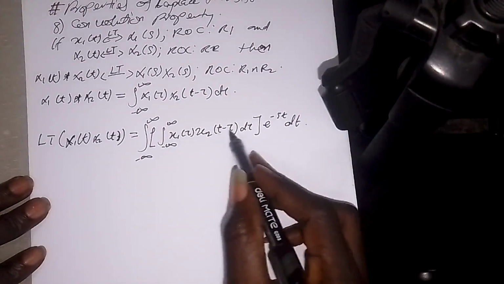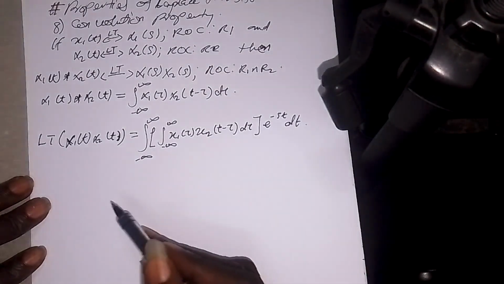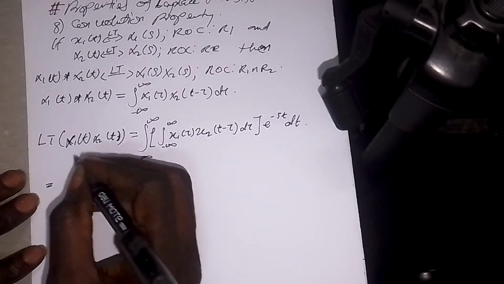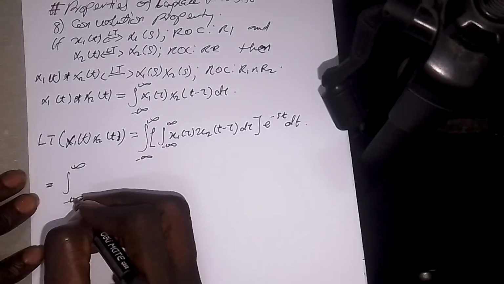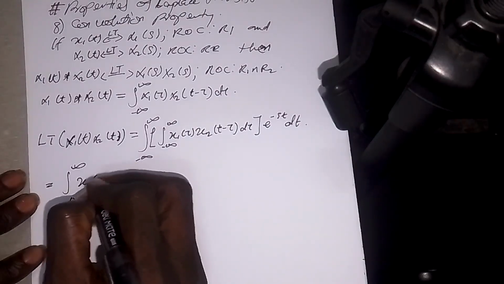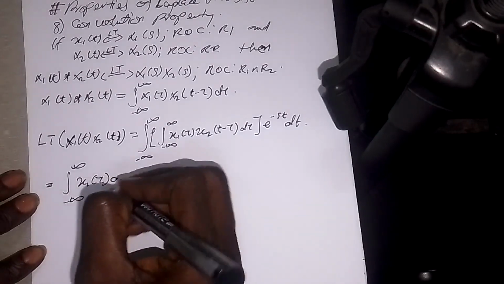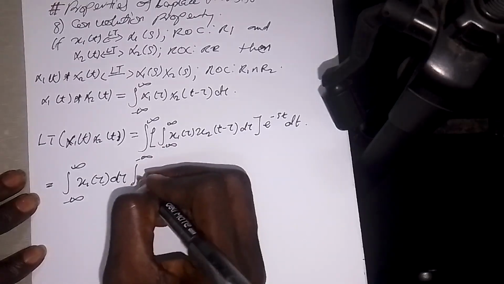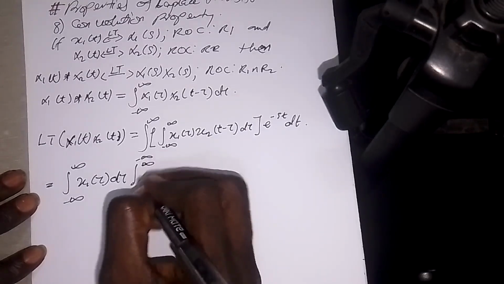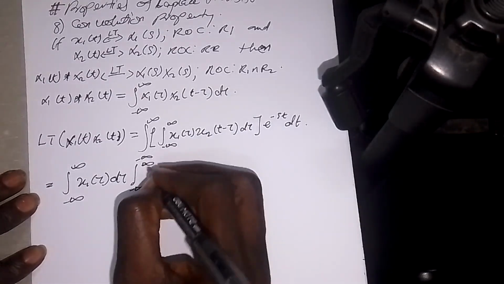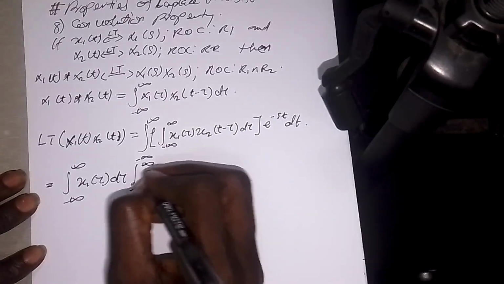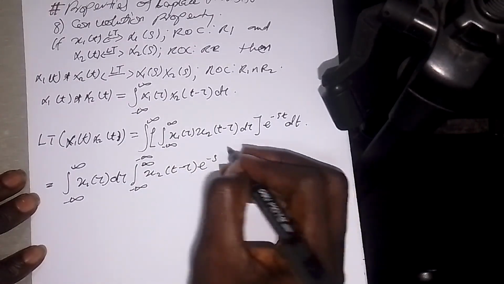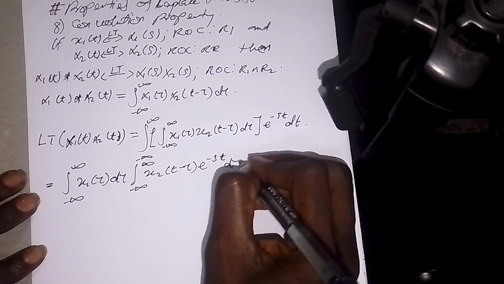Let me deal with this particular place first. Now I can say that I can have the integral from minus infinity to infinity of x1(tau) d tau, which is coming out, and then I can have another second integral from minus infinity to infinity of x2(t minus tau) times e to the minus st, d t.